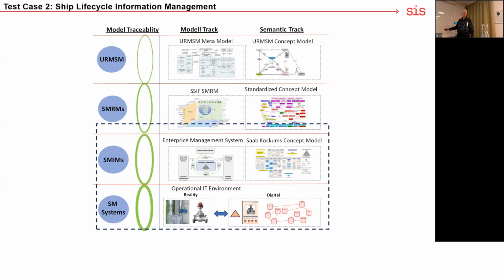That is a very important step for each company, to create a concept model that reflects the language they use in their company. I have an example later of the degree of detail this concept model needs to have, because it cannot be too detailed. It must be enough detail.